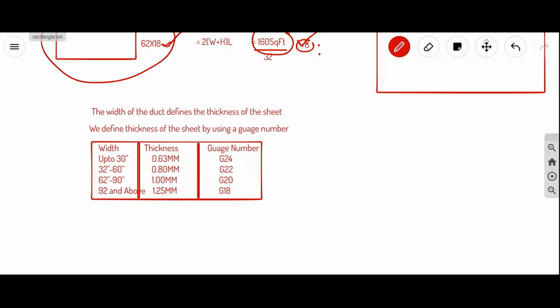For the insulation of supply duct, what is the material, sir? So it may be a glass wool. Okay, it may be a fiber glass wool, mostly same.